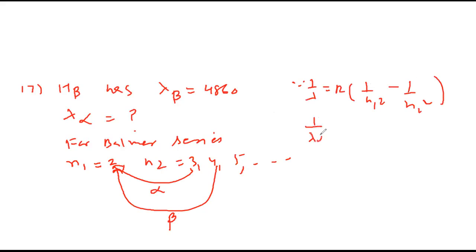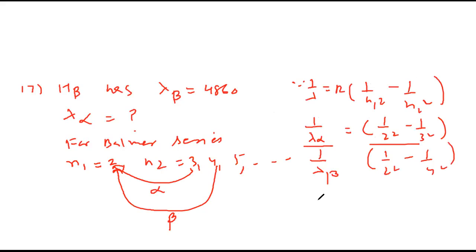So 1 upon lambda alpha divided by 1 upon lambda beta will be, R R will get cancelled, 1 upon 2 square minus 1 upon 3 square over 1 upon 2 square minus 1 upon 4 square. So lambda beta upon lambda alpha equals 1 by 4 minus 1 by 9 over 1 by 4 minus 1 by 16.